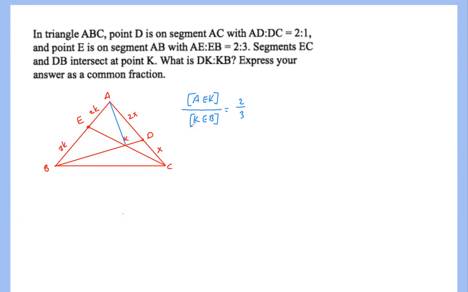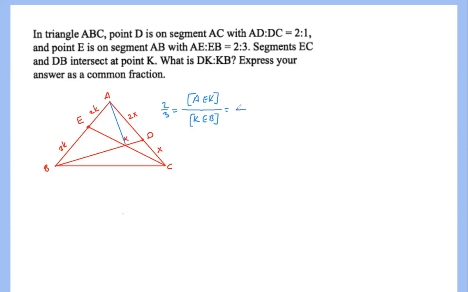Okay, I hope that is clear. Maybe I should write this 2 over 3 on this side. The reason why that's the case is that this triangle and this triangle share the common vertex K. If you drop the altitude from K to AB, that altitude will be the same for both triangles. They have the same height, and the base ratio will be their area ratio.